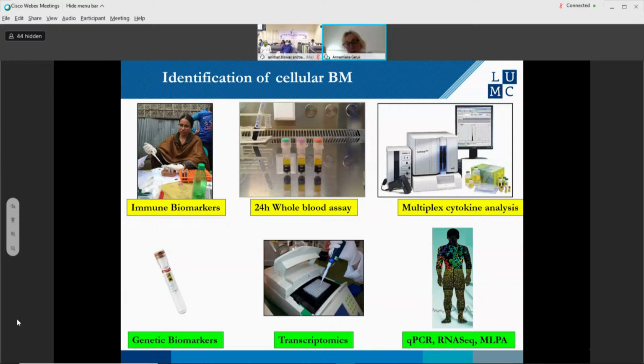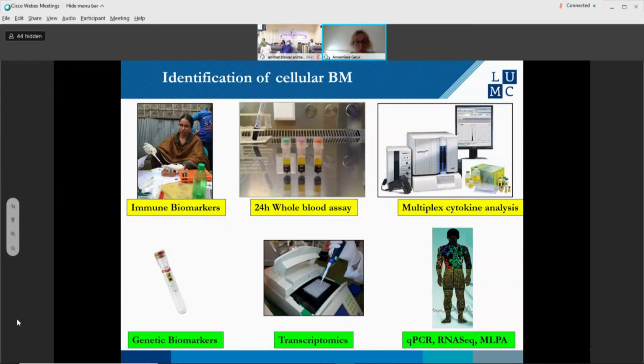So this allows us to identify biomarkers that are specific for leprosy patients, to identify the differences between the cellular markers in multibacillary and in post-bacillary patients, and also identify the response to, for instance, BCG vaccination, or the response in healthy household contacts of leprosy patients.